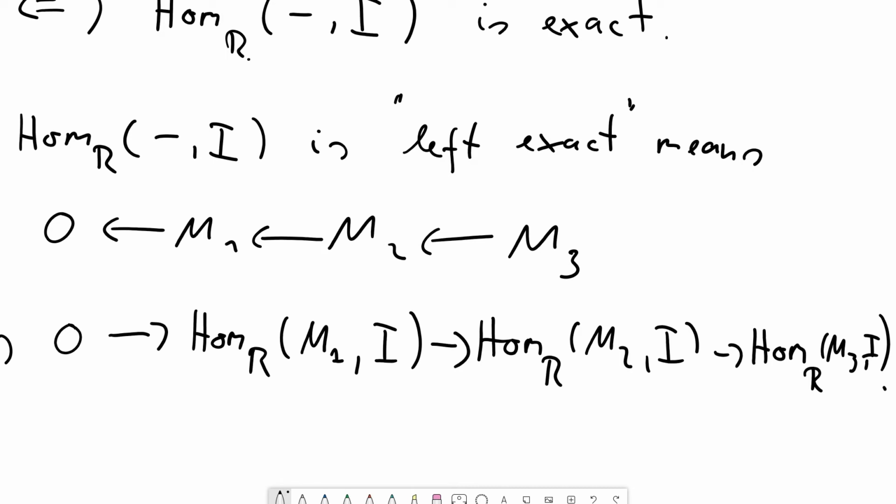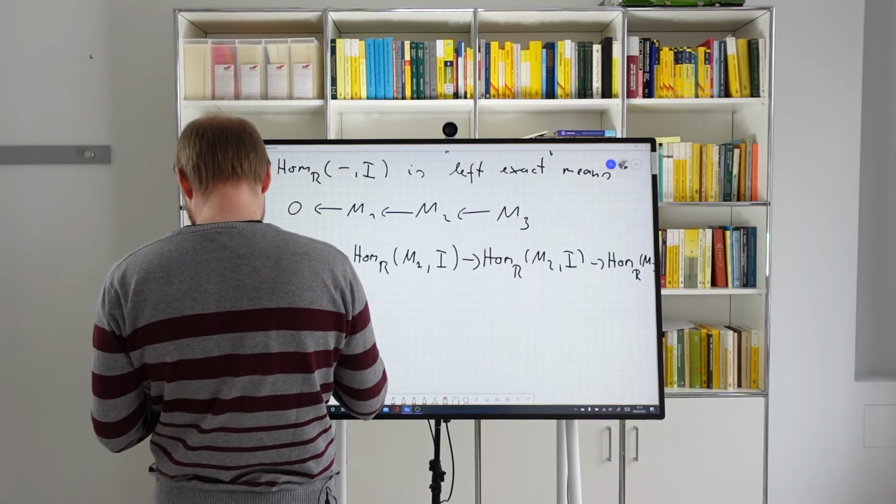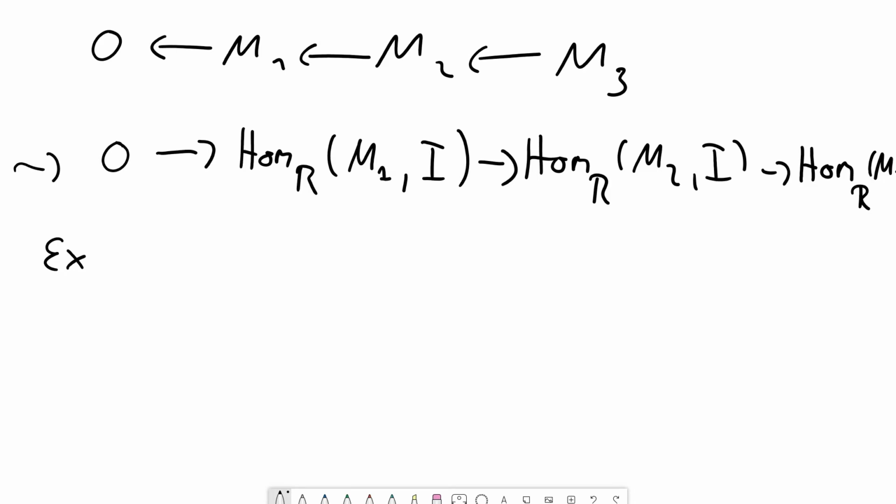Okay. Excellent. So, yeah, injectivity is the dual concept to projectivity. Let me just, without proof, give you examples of what you should think about. So, Q and also Q mod Z as Z modules are injective modules.